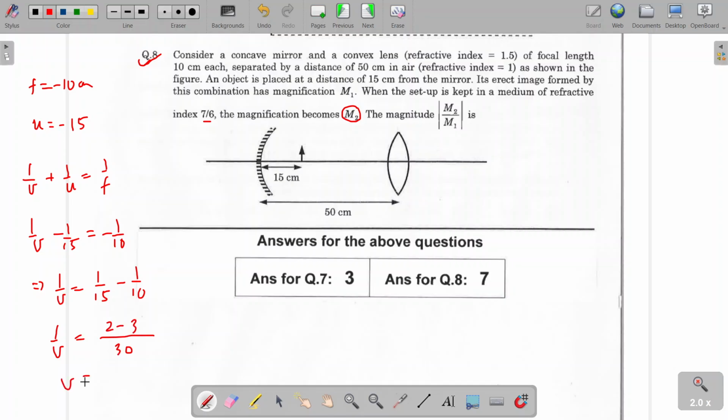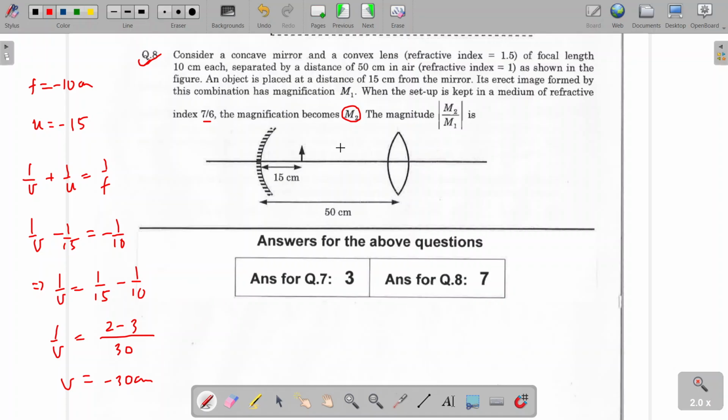The image distance is equal to minus 30 centimeter. So this is the image distance obtained in the reflection from the mirror.